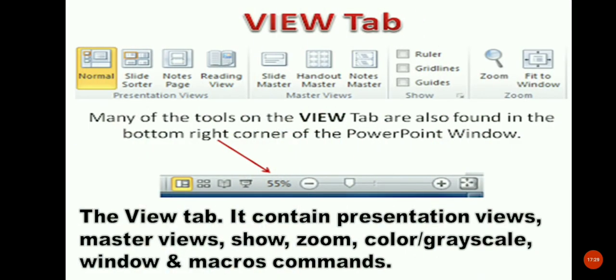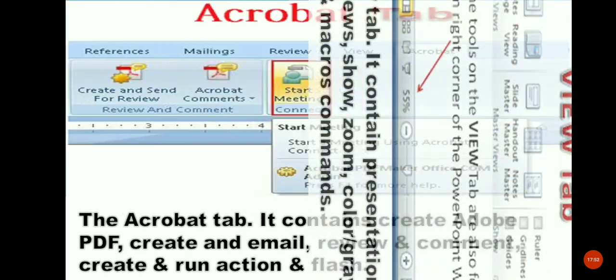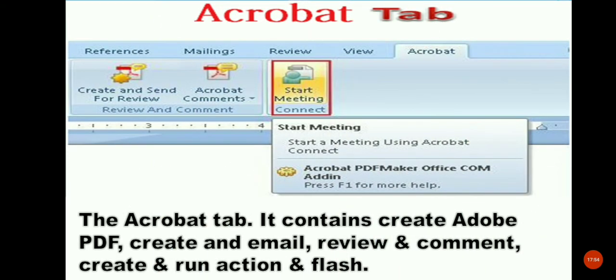The View tab. The View tab contains presentation views, master views, show, zoom, color, grayscale, window, and macros commands. Because this tab gives you different views while working on your presentation. And the last of the tabs is the Acrobat tab.